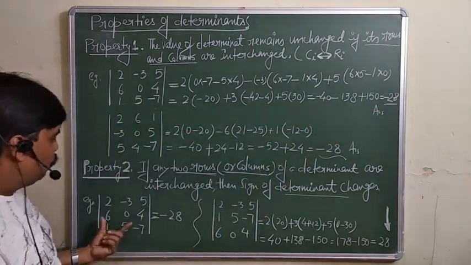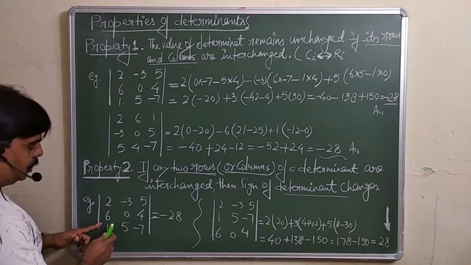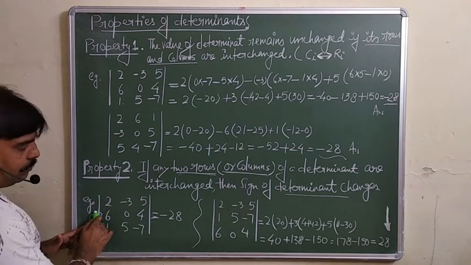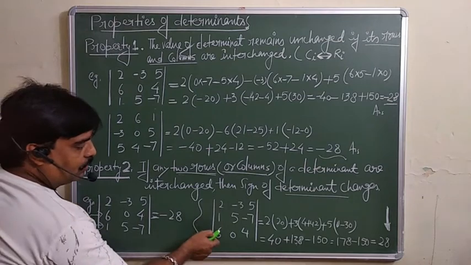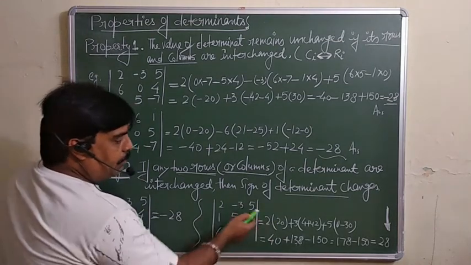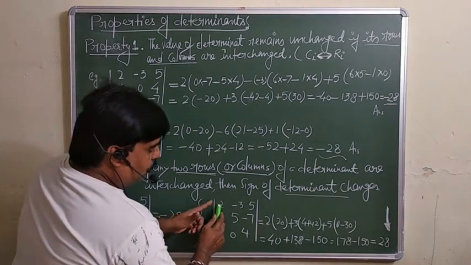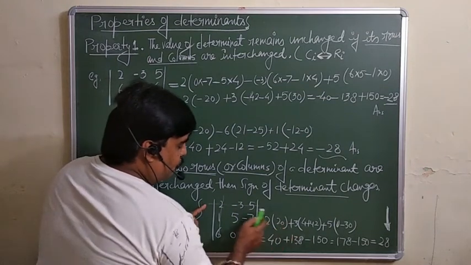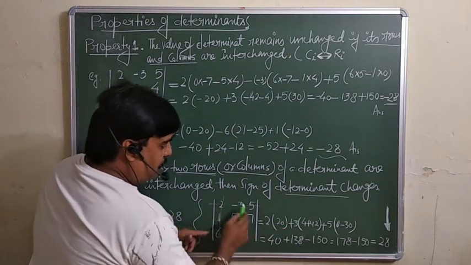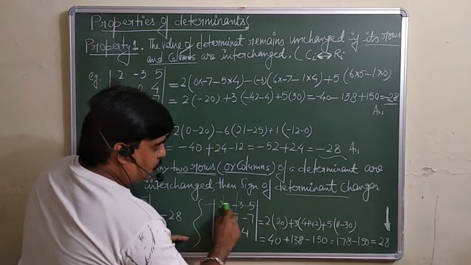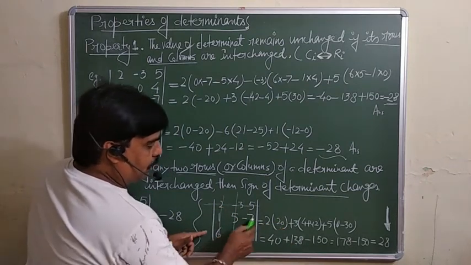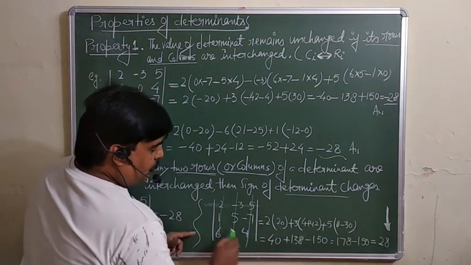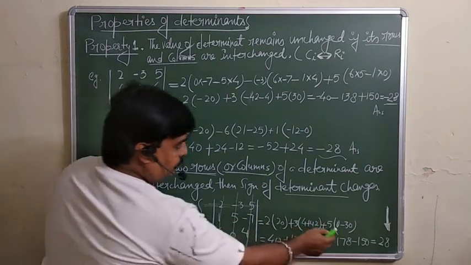But if we interchange the rows, suppose we change the second row into the third, and the third into the second, and then calculate the determinant. So you will calculate 2 into (5 into 4 minus 1 into 0...), I am doing it directly: minus, then plus 3 into (1 into 4 minus 6 into 7), plus 5 into (1 into 0 minus 6 into 5).